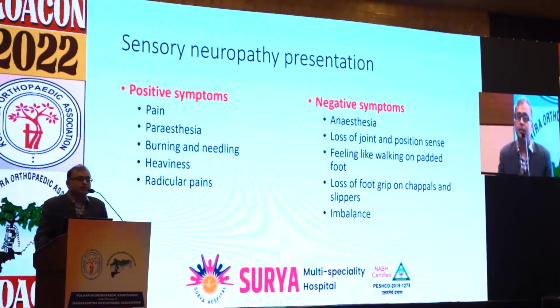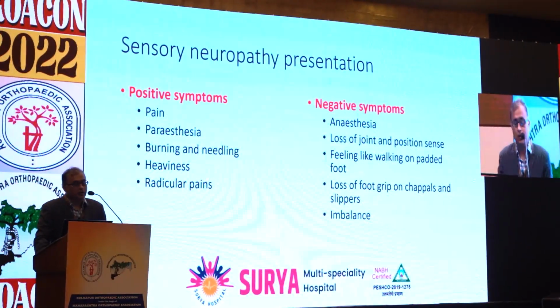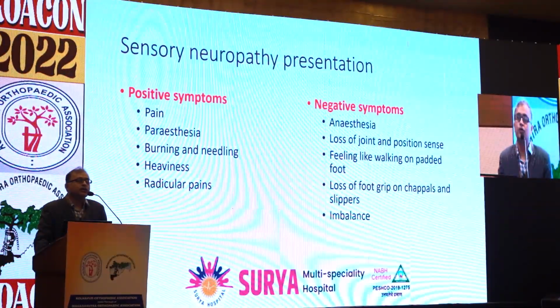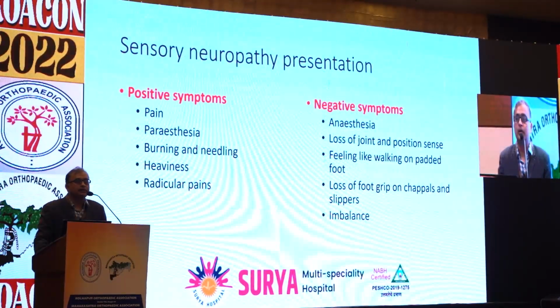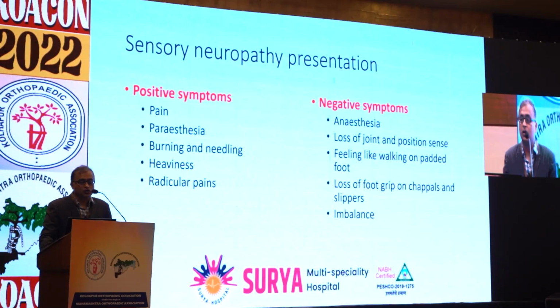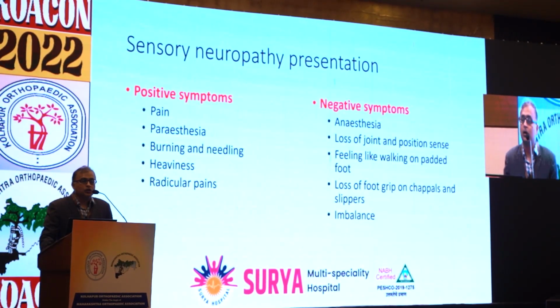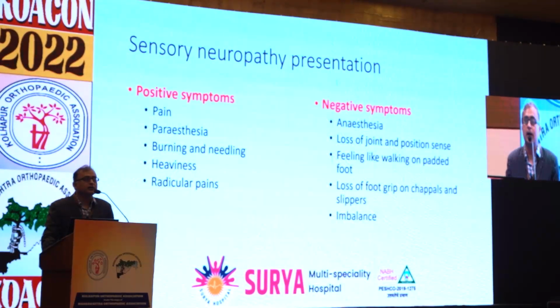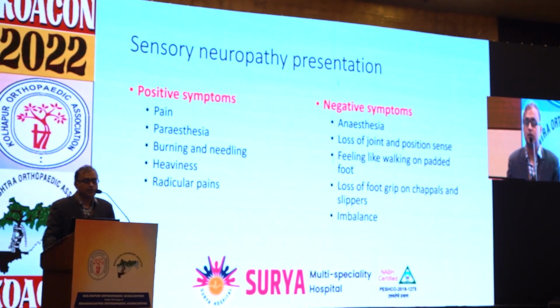Sensory neuropathy may present with positive and negative symptoms. The positive symptoms are pain, paresthesias, burning. They are usually in the early course of diabetes, while the negative symptoms of anesthesia, loss of proprioception, loss of balance, and loss of pain sensation happen as the disease advances.